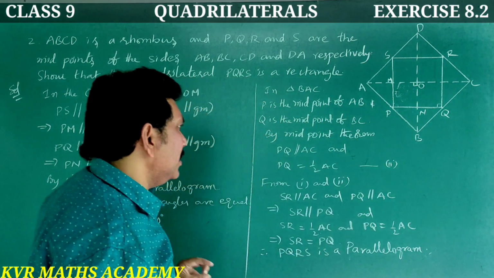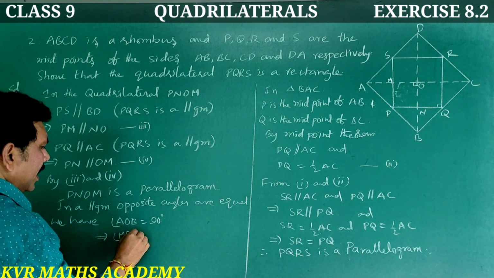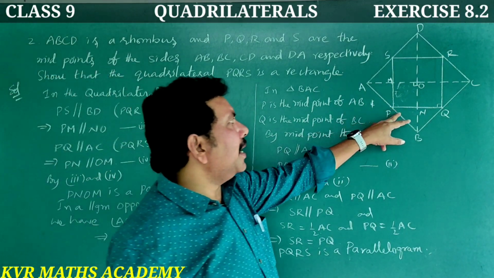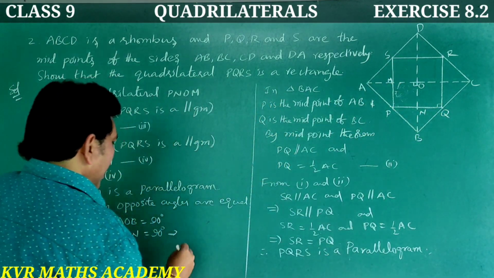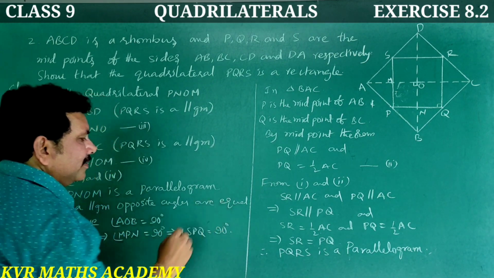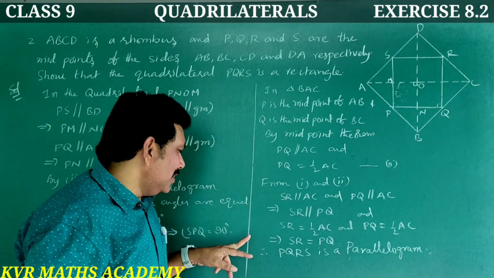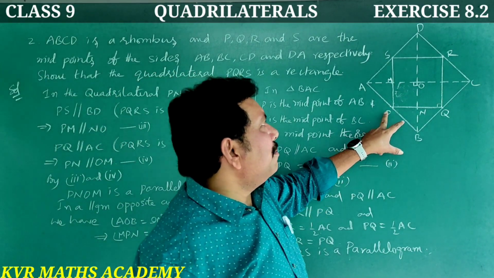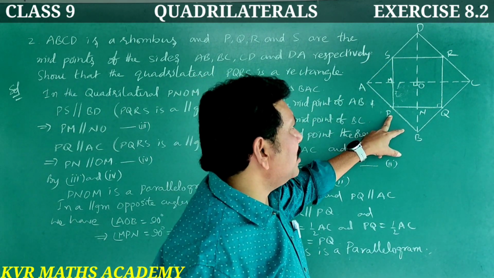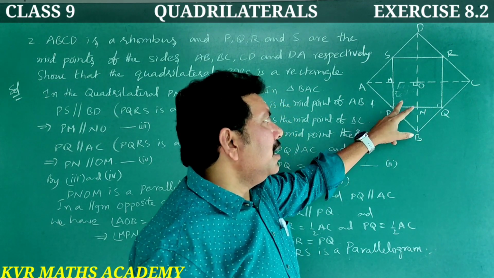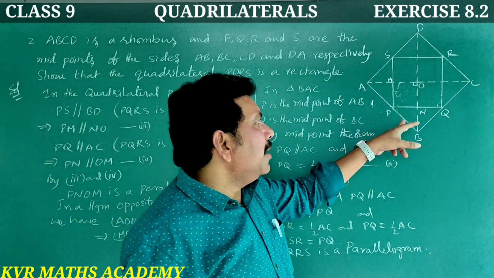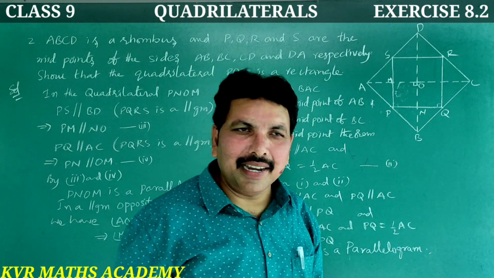Angle MPN is equal to 90 degrees. సో దట్ ఇంప్లైస్ MPN అంటే ఏం తీసుకోవచ్చు, యాంగిల్ P కాబట్టి SPQ is equal to 90 degrees. యాంగిల్ SPQ is equal to 90 degrees అంటే PQRS is a parallelogram and angle SPQ is equal to 90 degrees. ఇక్కడ ఒక a parallelogram in which one angle is 90 degrees is called a rectangle కాబట్టి PQRS is a rectangle.